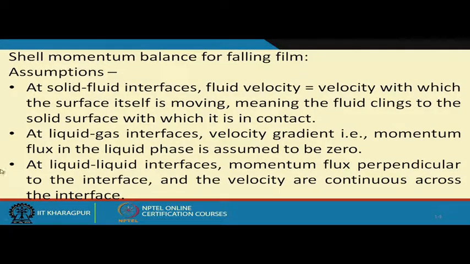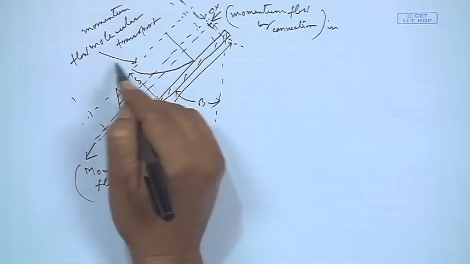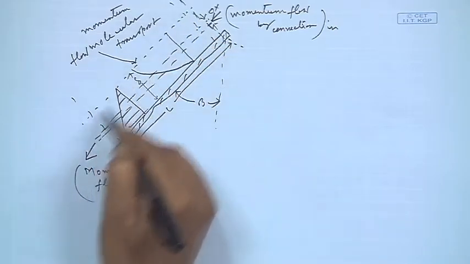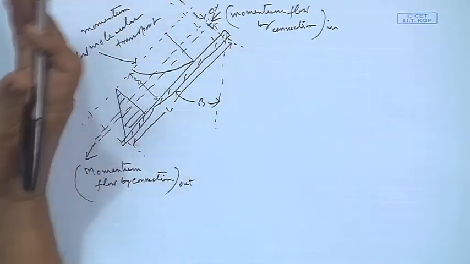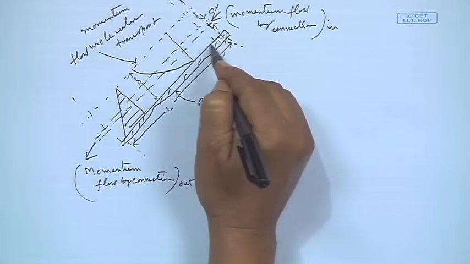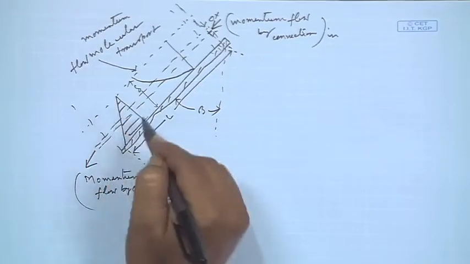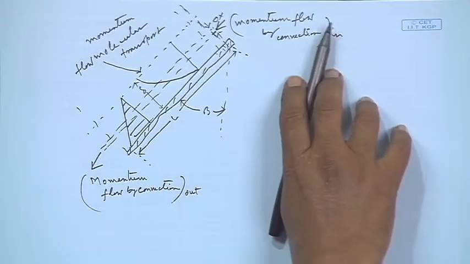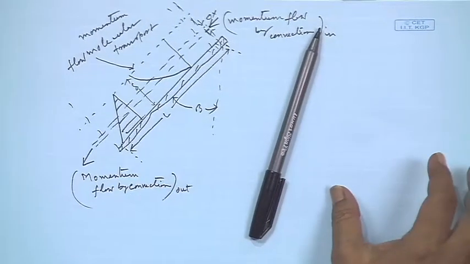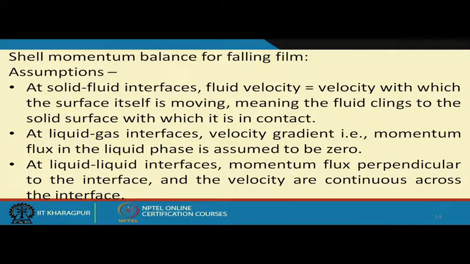Then at the liquid gas interface, which is this one, this is the liquid, above which is the gas, and this is the solid. This is the fluid or liquid which is getting heated or concentrated. At the liquid gas interface, the velocity gradient, that is the momentum flux in the liquid phase, is assumed to be 0.